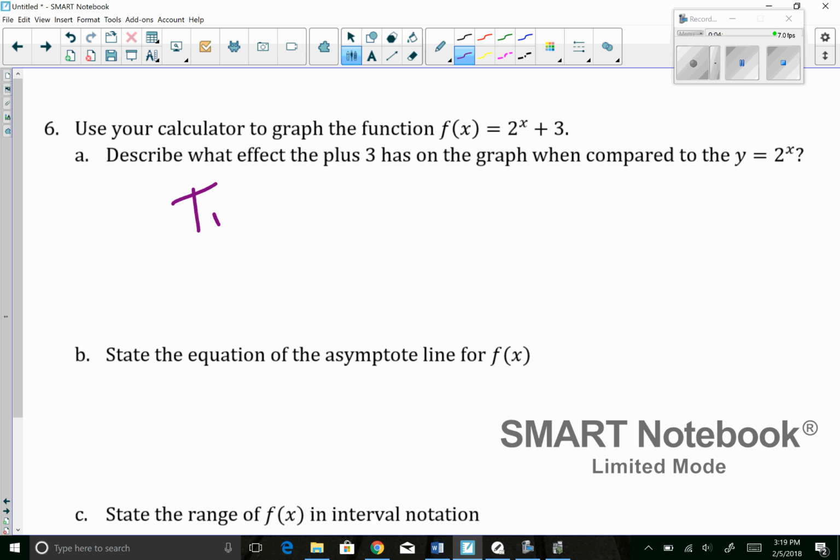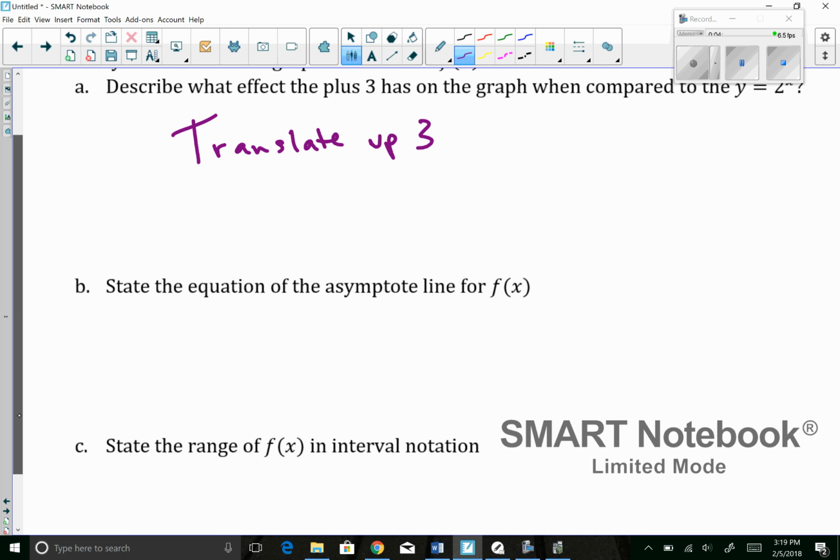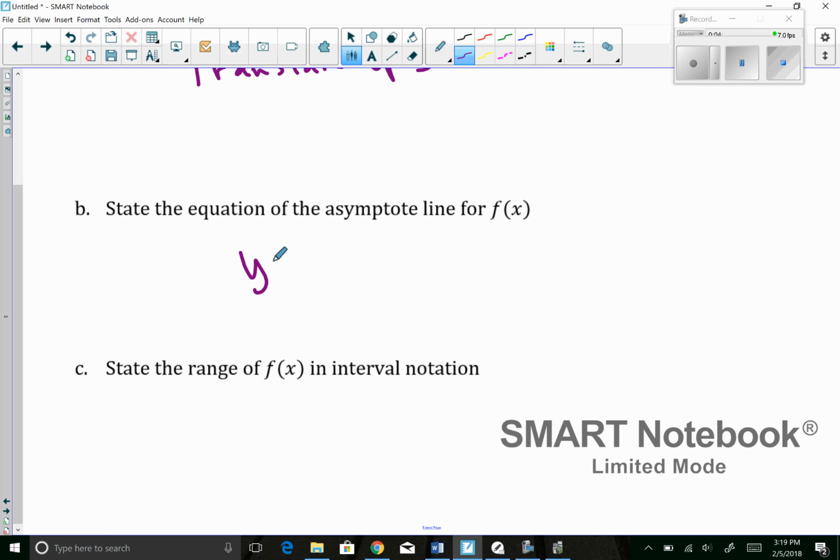Well, it's going to translate up 3. So that means the equation of the asymptote line is not y equals 0, but y equals 3. And the range is not going to be from 0 to infinity, but from 3 to infinity. Everything gets shifted up 3, including the asymptote line and the range of the function.